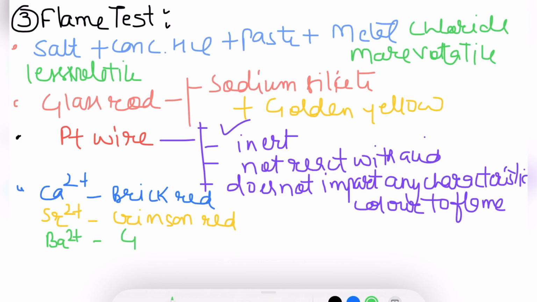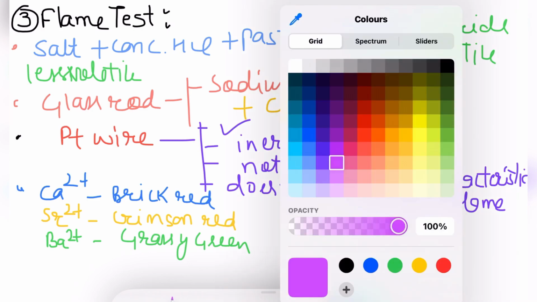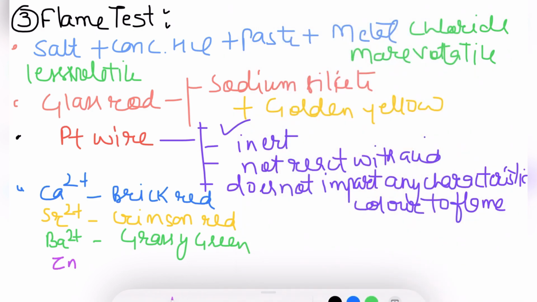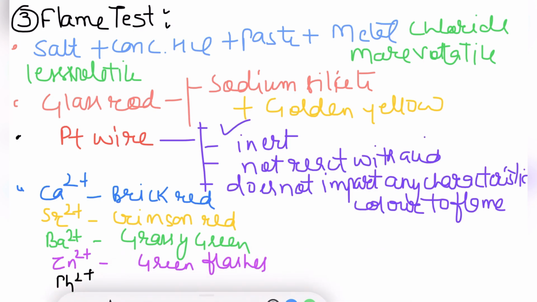Barium, grassy green. Zinc, green flashes. Lead, dull bluish white.